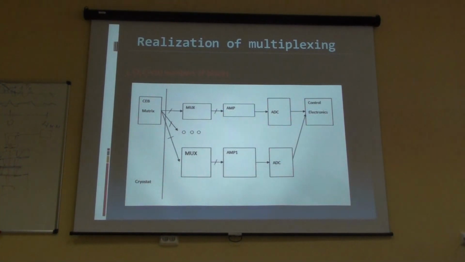We just divide this scheme into some parts, and when we have trouble in one line, we lose not all the matrix. For example 10, 20, and choose some compromise solution. It looks better at this time.